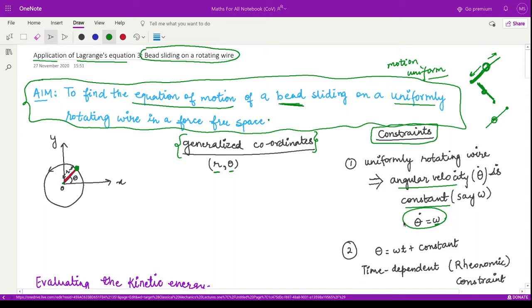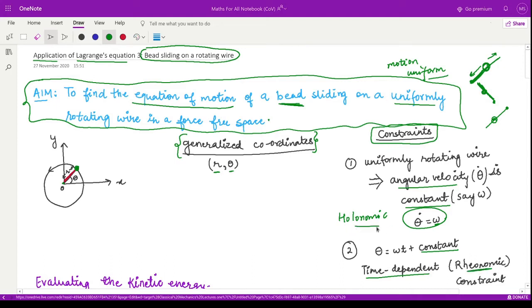And so what kind of constraint is this one? Theta dot is equal to omega. This is a holonomic constraint, because if you integrate this, you will get theta is equal to omega t plus some other constant. This constraint also depends upon time, so this is also a rheonomic constraint.